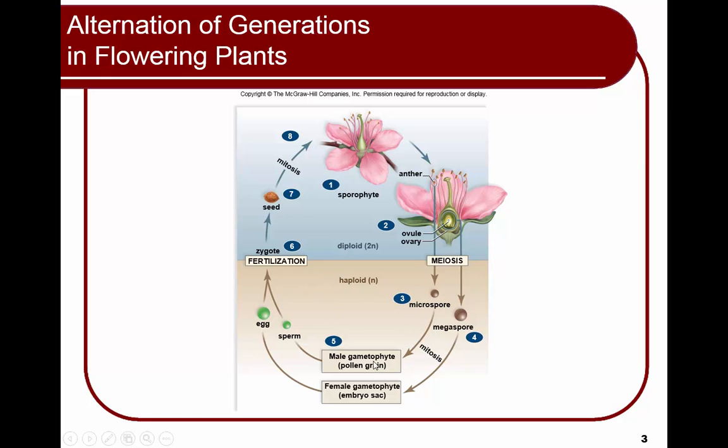The microspore is the male gametophyte and produces the pollen grain, which produces the sperm. And the megaspore is the female gametophyte that produces the egg, and they fuse together, and you've got this diploid zygote, which will in turn divide mitotically and eventually become the diploid sporophyte. So it's just repeating itself over and over and over.